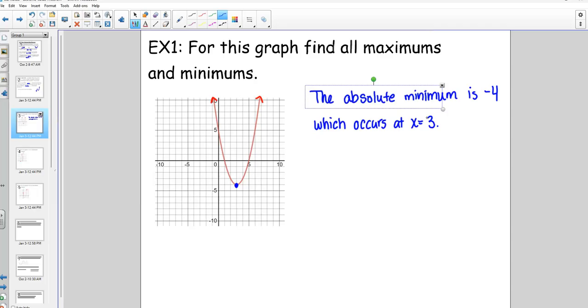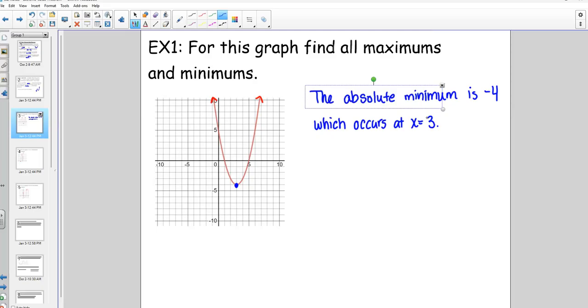It is really good practice to give maximums or minimums in this way, because sometimes they say find the maximum or minimum, like it does here. That's the y coordinate. Sometimes they ask you to find all x coordinates where the maximums or minimums occur, in which case you need the x part. Technically, to answer this question, you only have to have the first part. The absolute minimum is -4.